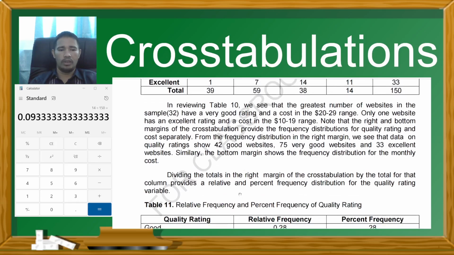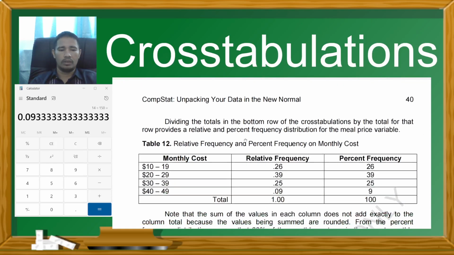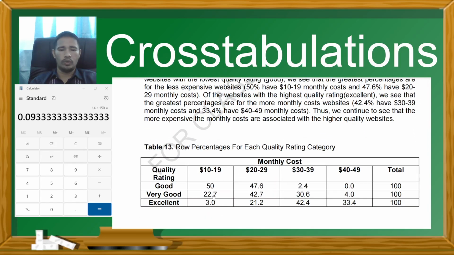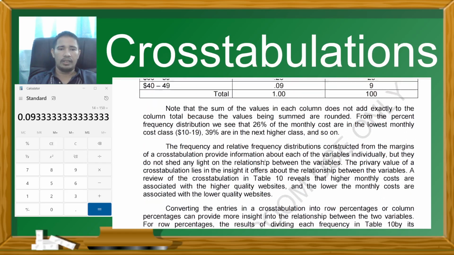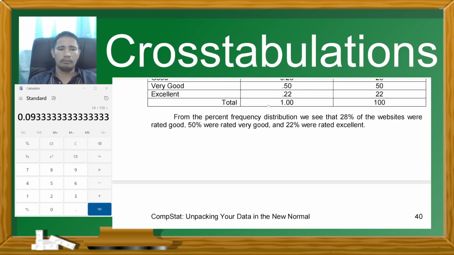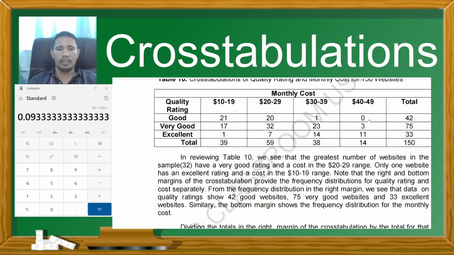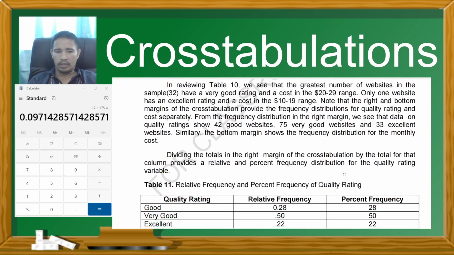Then the very good is 22.7. You get this by dividing 17 by 75. Let's check. 17 divided by 175 equals 0.09. Is that correct?